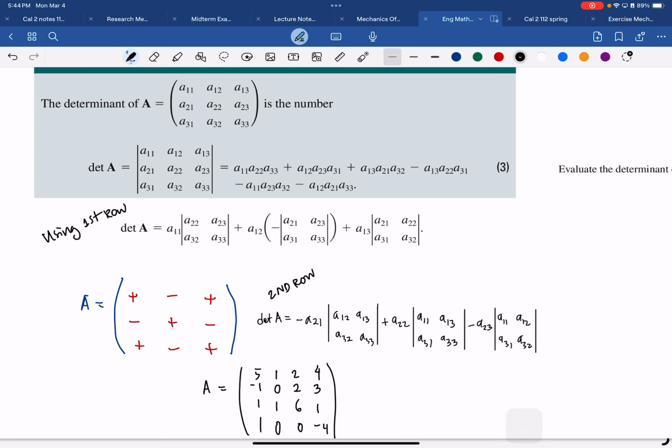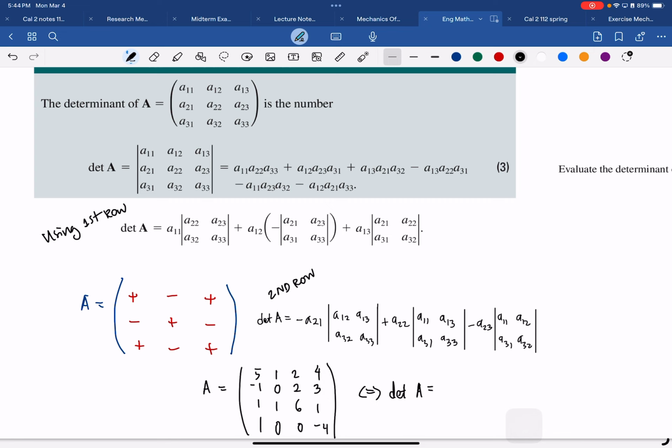But you can try to find this, taking the determinant for that one. Maybe I will just write the formulation, but you can continue the computations.